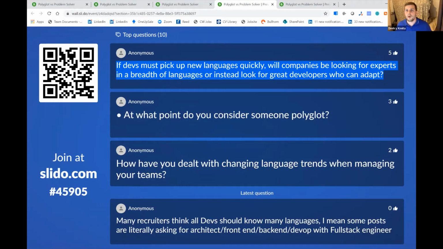So on the other side of the question is around great developers who can adapt. I think this is a very important one, and I think every engineer needs to be able to adapt, but not necessarily to technology and to programming languages, but to adapt the way we solve problems.